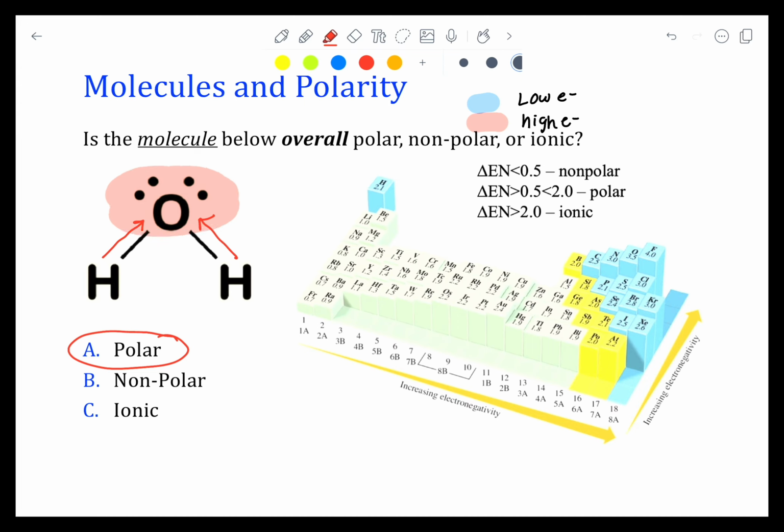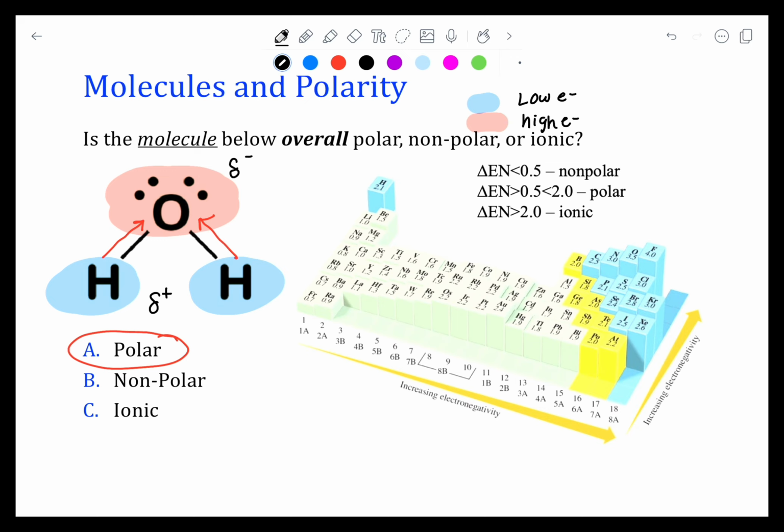The hydrogen only has one electron to give away, so if the electrons through that bond are being pulled towards the oxygen, that creates an area down here by the hydrogens where I have essentially no electrons. So this gives me an area of partial positive, because there's little to no electrons there, and an area of partial negative.